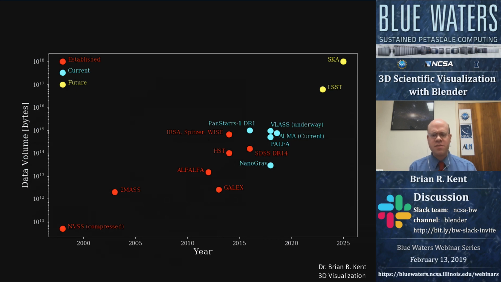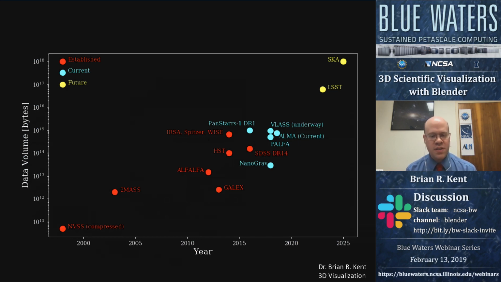But this graph here I always like to show because it kind of gives you a 25-year review leading up to where we're going in terms of data acquisition and why archives and pipelines and visualizations are so important in astronomy. 25 years ago, our NRAO VLA Sky Survey that was done in the most compact configuration at 1400 megahertz, the data set took up about 50 gigabytes of space.